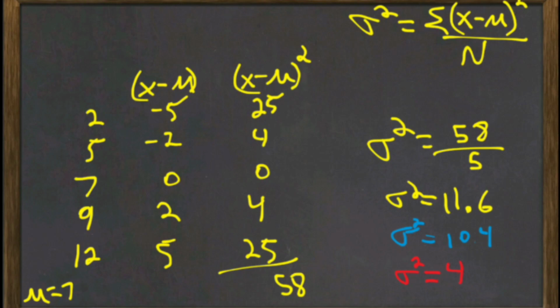But just to introduce it, sigma is just the square root of 11.6, which I don't know off the top of my head. Same thing here, sigma is square root of 10.4, and sigma is 2, right?